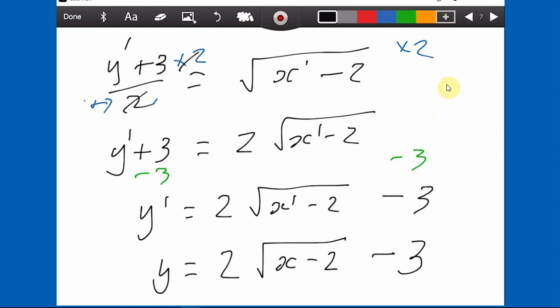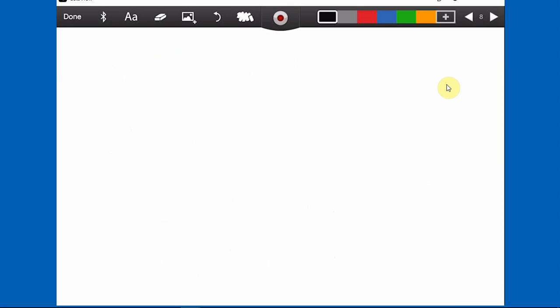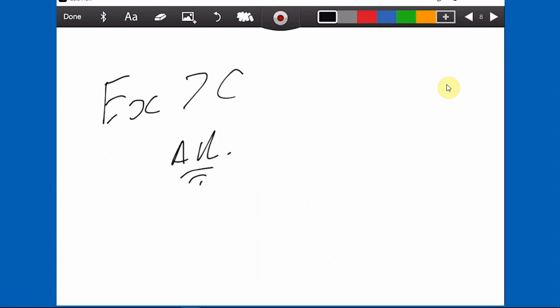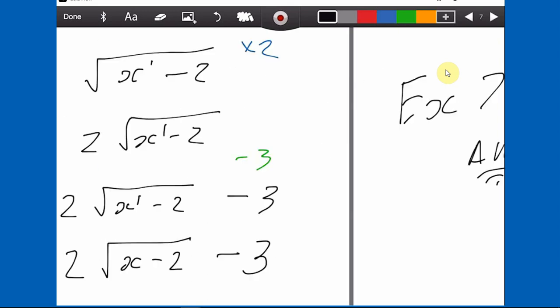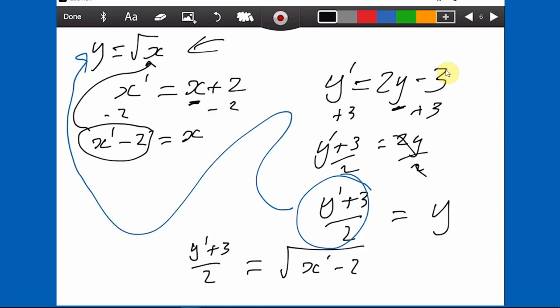So there's our image. What we're up to now today is exercise 7C. We look at all of these questions. Keep following that process all the time and you're halfway there. Try not to let the function bit confuse you, whatever the function is.